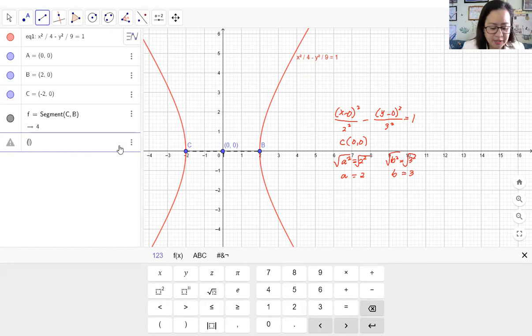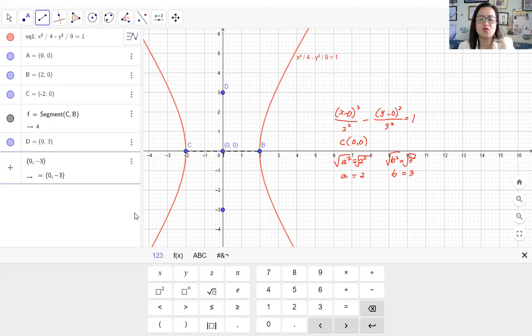So we get the co-vertex which is above the center. Now to get the co-vertex below the center, we have to move downwards 3 units, so that will give us the point (0, negative 3).